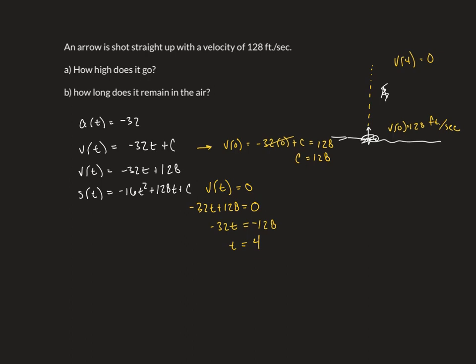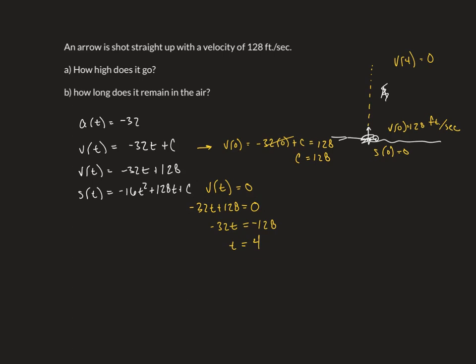So what I need to figure out is what that constant value is, because I can't solve this equation until I have that constant value. There is another initial condition. We know that the person who's shooting the arrow is laying down on the ground when this arrow is shot. So when the arrow is shot, our position is 0.